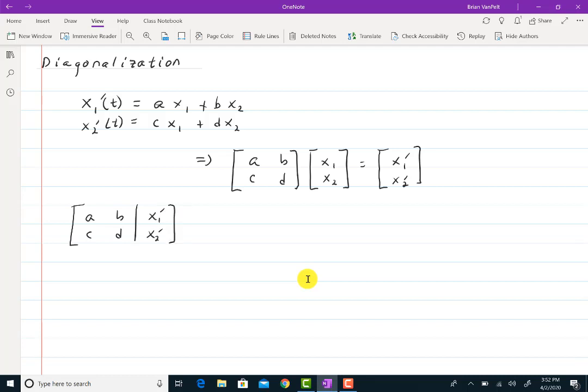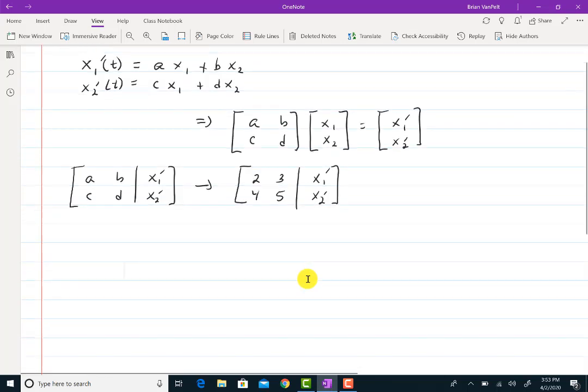If I try to do anything, say I try to solve, let me just do an example here. I think it might be easier. Suppose I try to do 2, 3, 4, 5, augmented with x1 prime, x2 prime. I just want to show you how difficult this is.